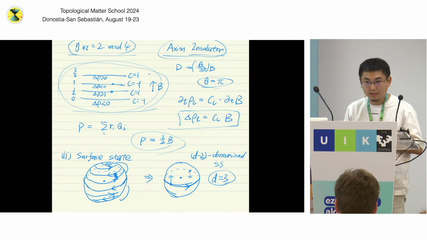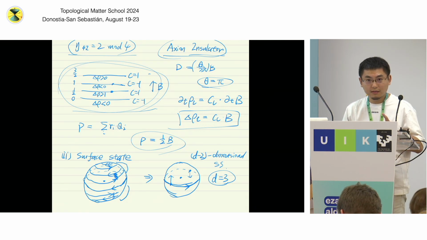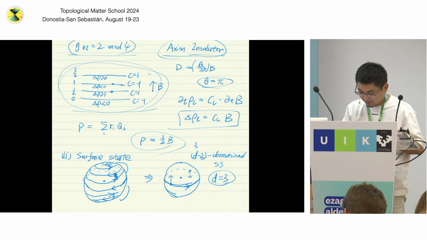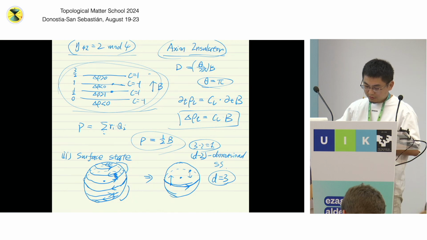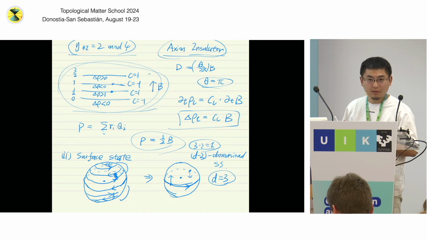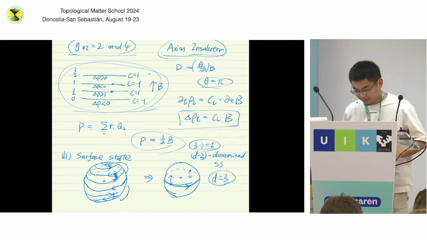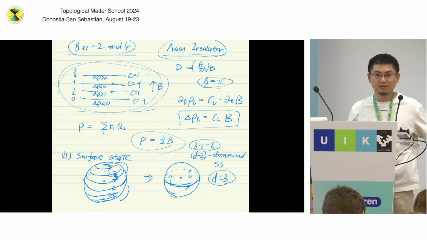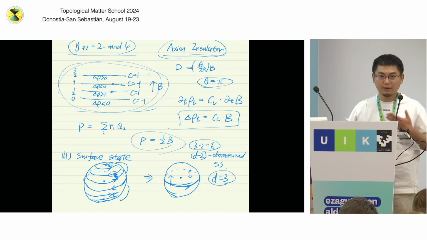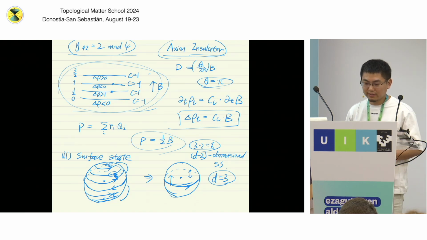So the dimension of the surface state is 1. So this is 3 minus 2 equals 1. So the surface state has 2 dimensions lower than the bulk Hamiltonian. So this is unusual compared to the conventional topological insulators. So that's why people call it a higher order topological insulator.